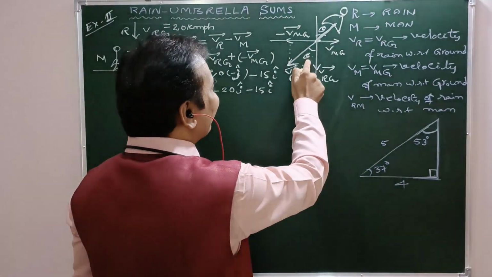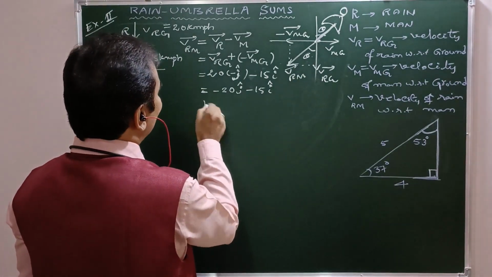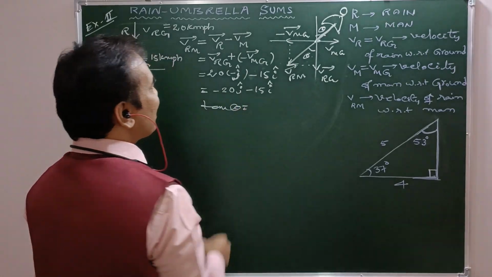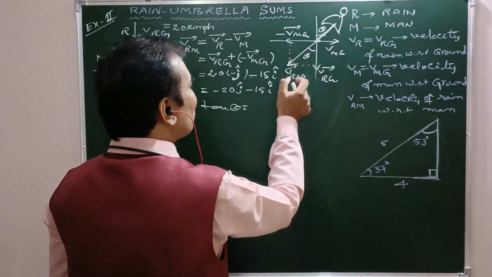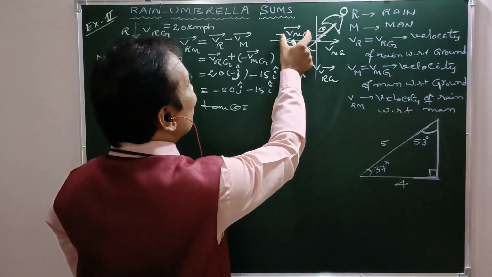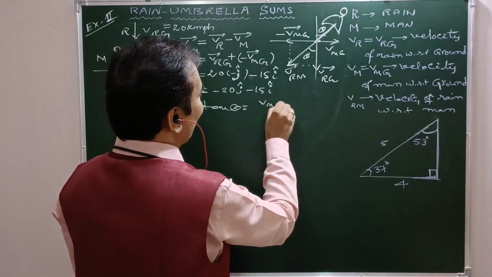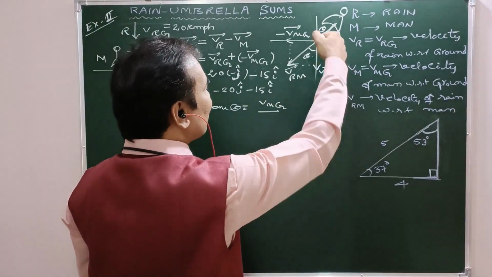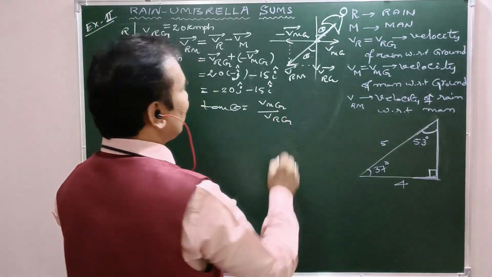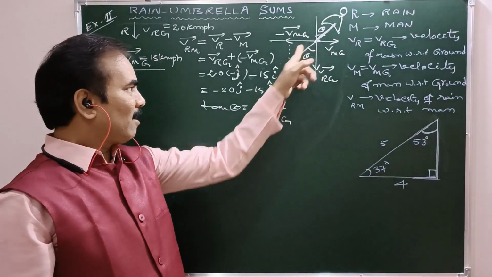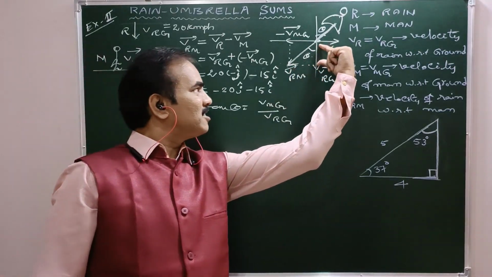Take tan theta. What is tan theta? Opposite side by adjacent side. Opposite means this side, that is minus VMG in fact, but magnitude VMG only, divided by adjacent. What is adjacent here? VRG bar, that is magnitude VRG. See once again, from this right angle triangle, tan theta equals opposite side by adjacent side.